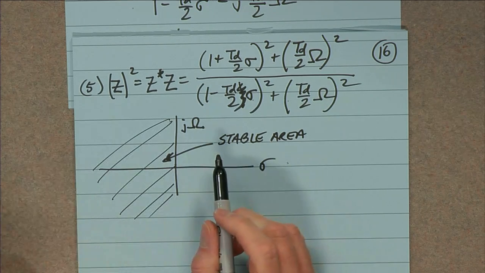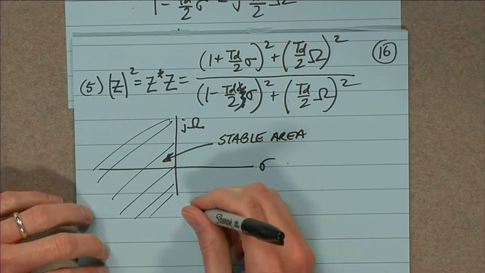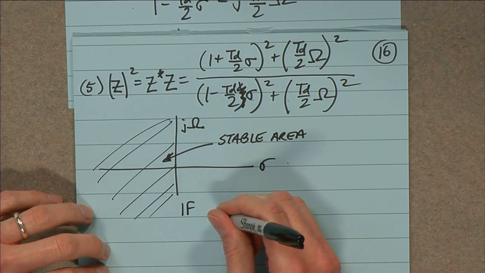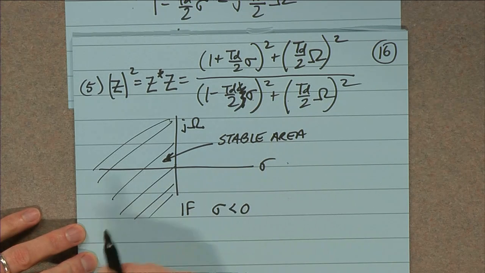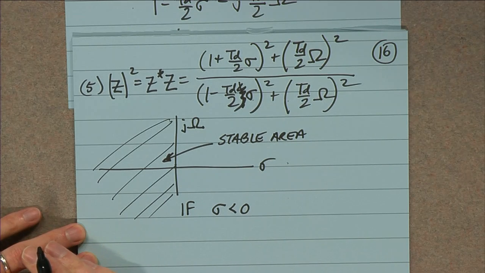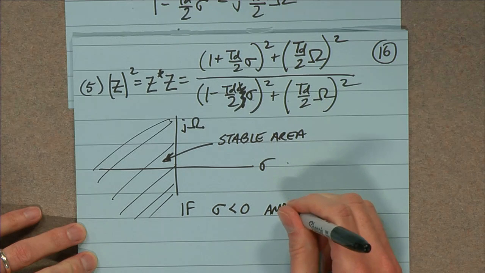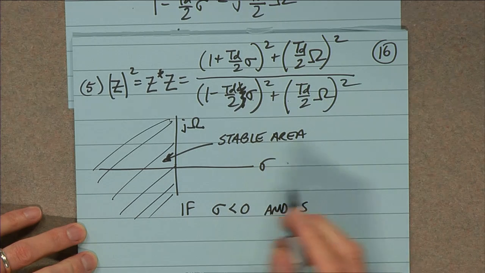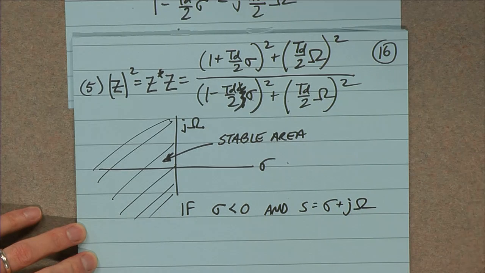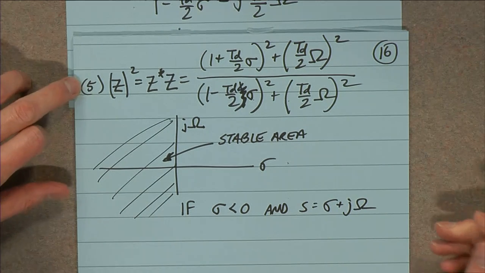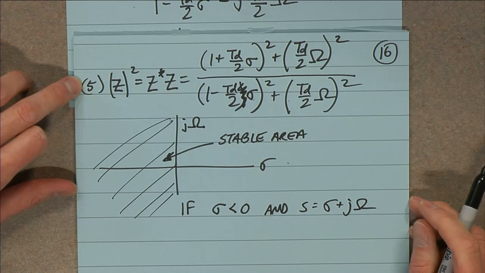So how can I parameterize or characterize that? Well, I'll say if this real part, sigma, is less than 0, which is great because that means I'm in the left half plane, and we'll say that s is some complex number, sigma plus j omega, what's going to happen to this function up here at top?